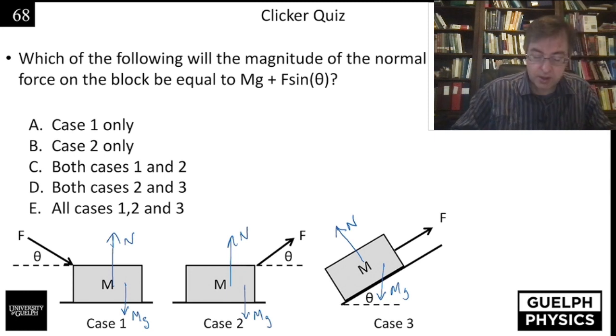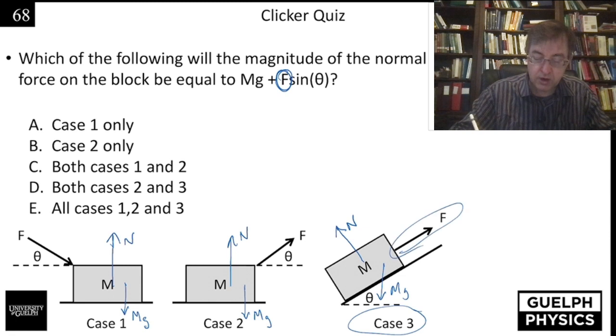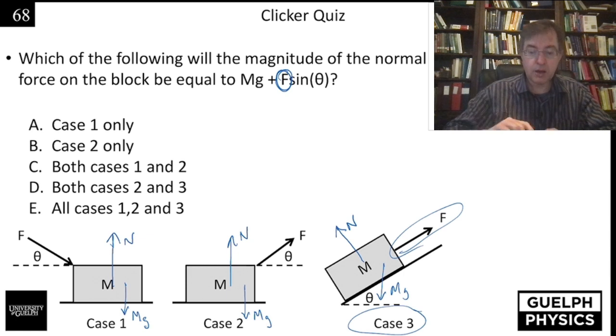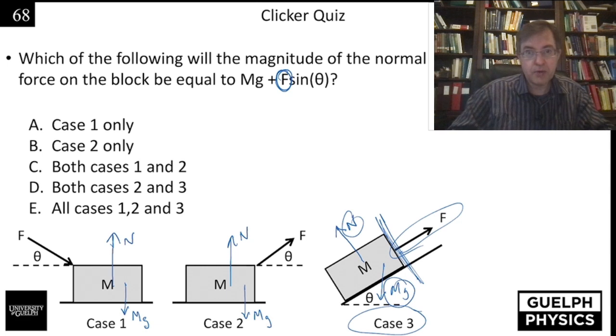Now, if I were to look at case 3, the expression that we're trying to get for the normal force involves F, and F here points up and down the surface. So there's no component of F along the normal direction. And so what that means is that F will not enter into the force balance equation for N. N is going to be balanced with mg and some cosine of this angle.